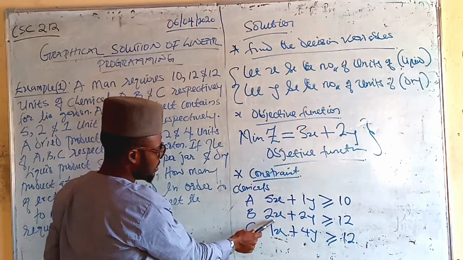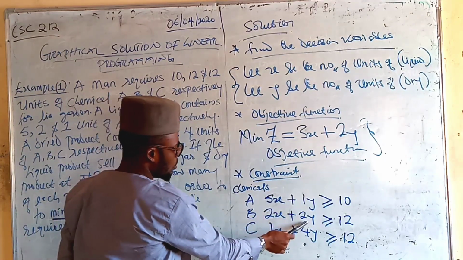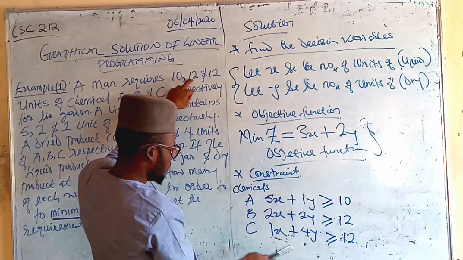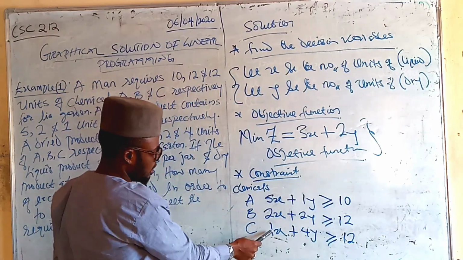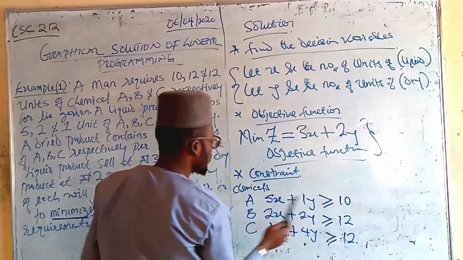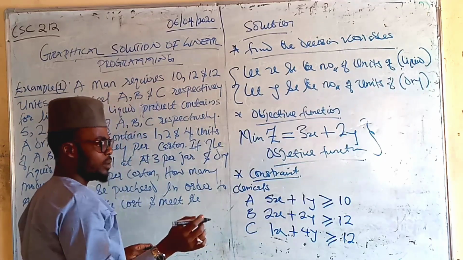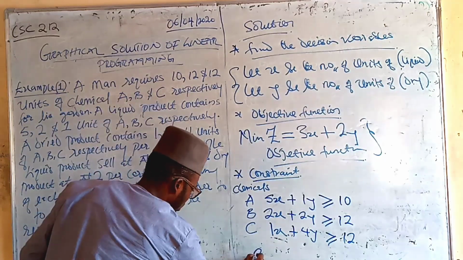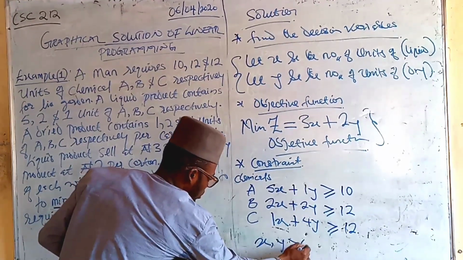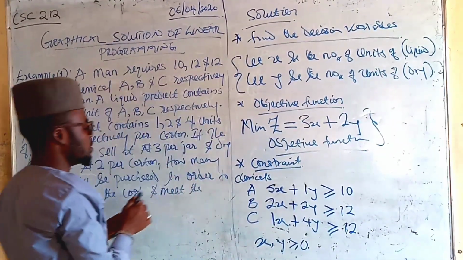For chemical B, 2x plus 2y is greater than or equals to 12. Then for chemical C, 1x plus 4y is greater than or equals to 12. And then remember, non-negativity: x and y are greater than or equals to 0. That is the non-negativity function.